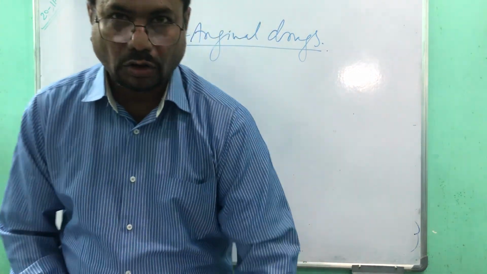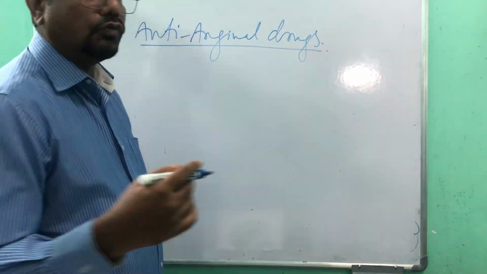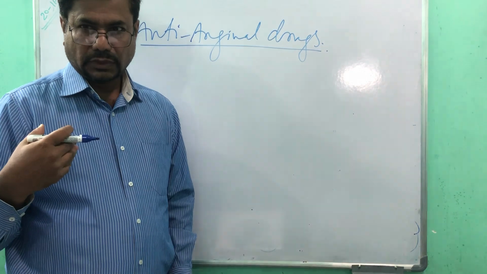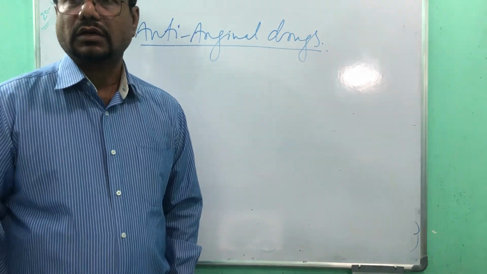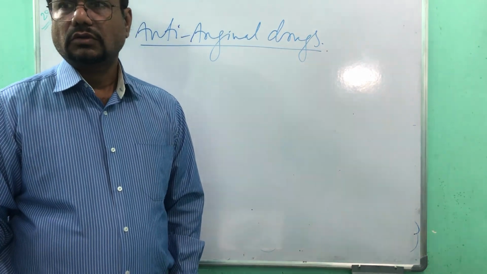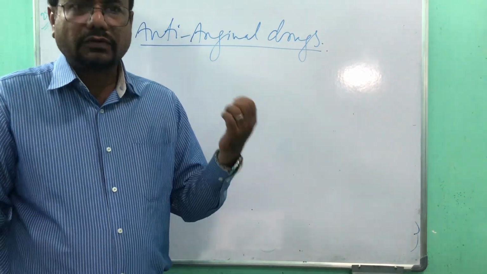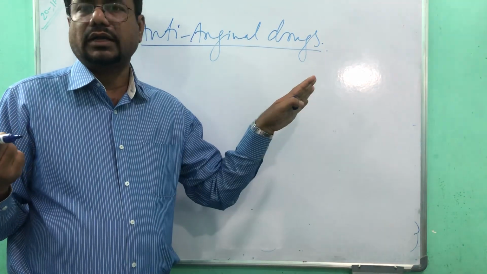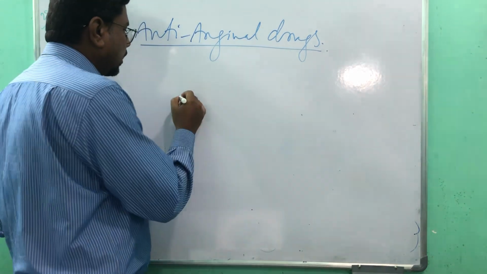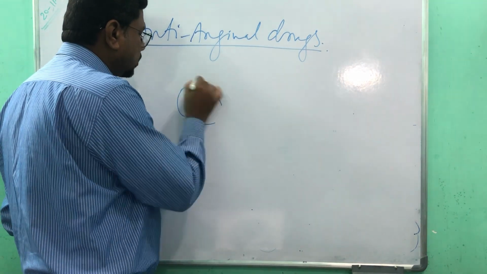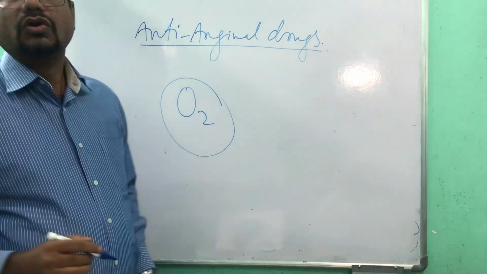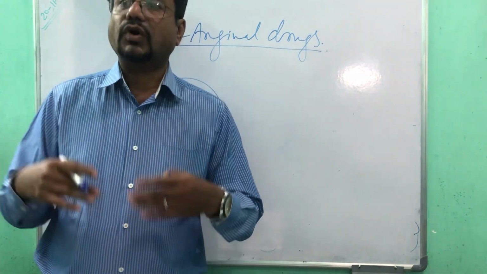Pain is because we need to work. We need energy. Without energy, if we work, what happens to us? We get tired, right? We get pain. We cannot do that work. Same way for the heart also. The heart needs oxygen to work.